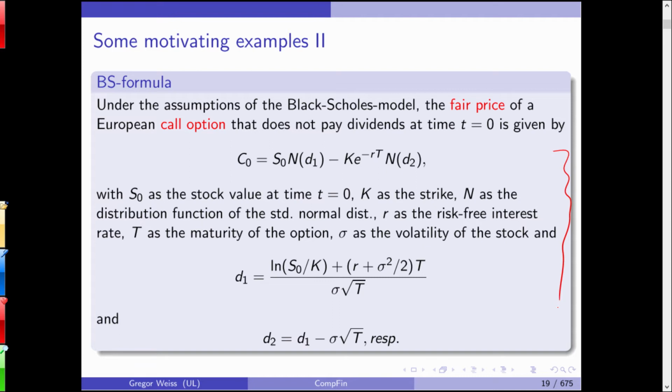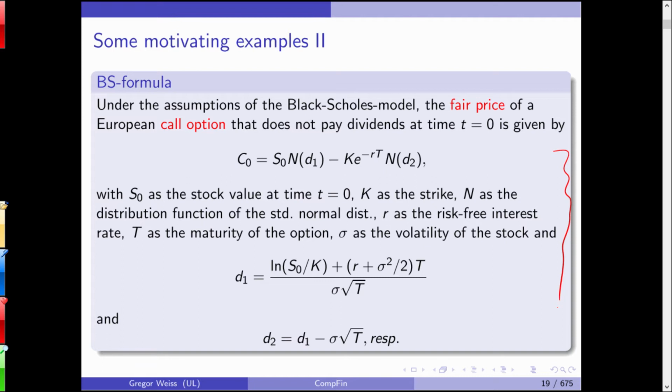When you put an option and a stock together in a portfolio, you choose the number of options to be equal to delta, and then it has to be risk-free. We'll see this later on, and you'll get the idea better, I guess. But this is how you can come up with this strange-looking solution.